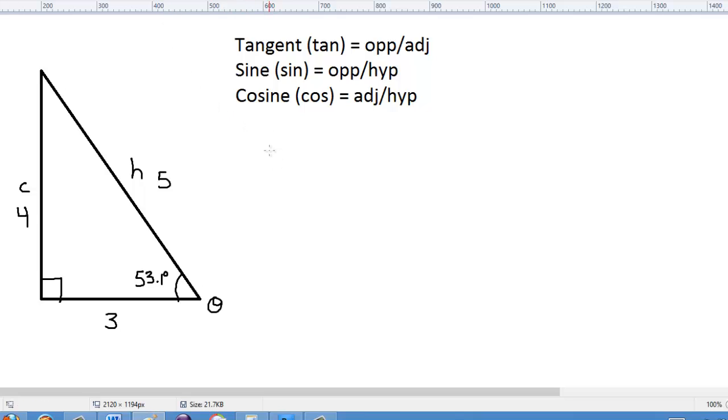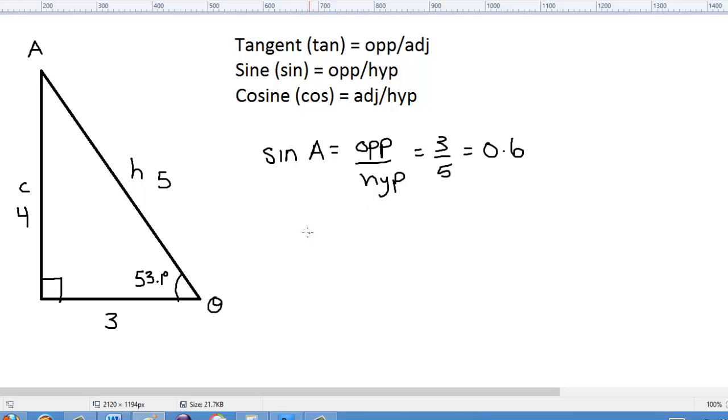We'll call this angle A. Sine of A is equal to the opposite, which is 3, over the hypotenuse, which is 5. Opposite over hypotenuse, 3 over 5, which is 0.6.